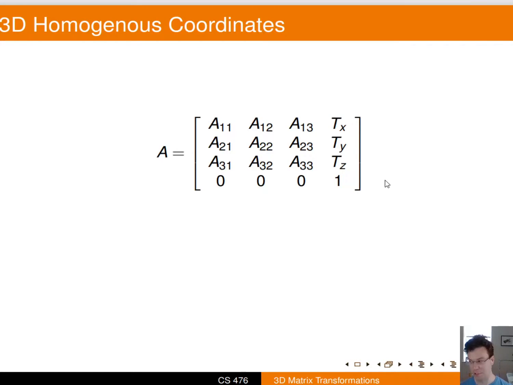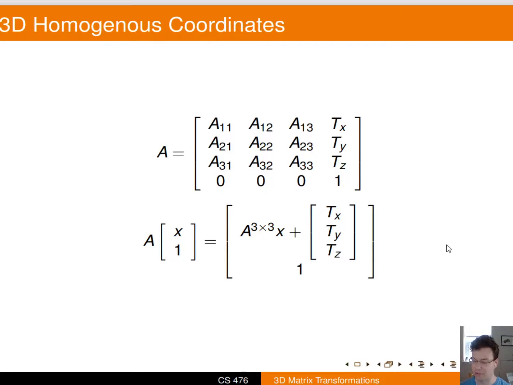Or you can also just look at the algebra and see that if I go to a 4x4 matrix, and then I have a vector x, if I just add a 1 and make it a 4-dimensional vector instead of a 3-dimensional vector, so I have x, y, z, and 1, then what I'll see is the result of doing this 4x4 multiplication.